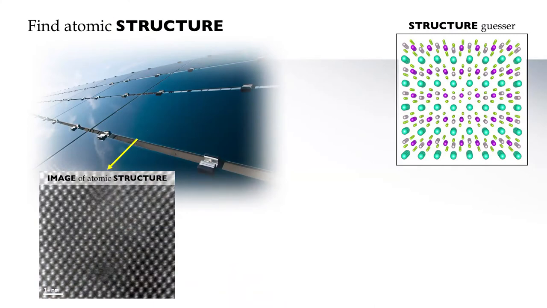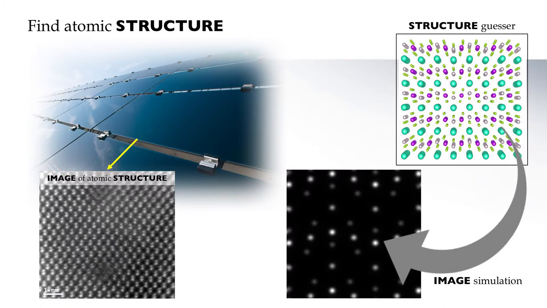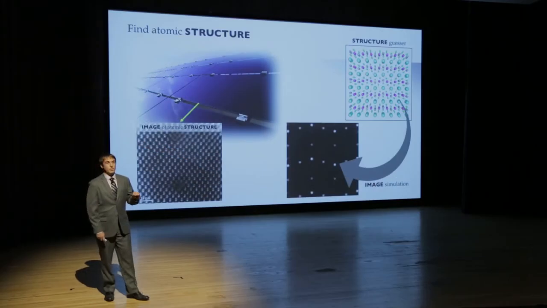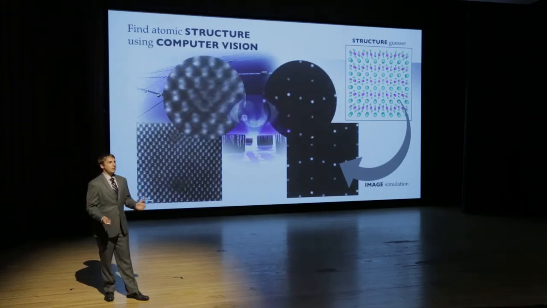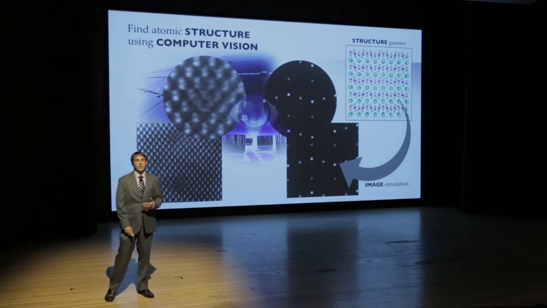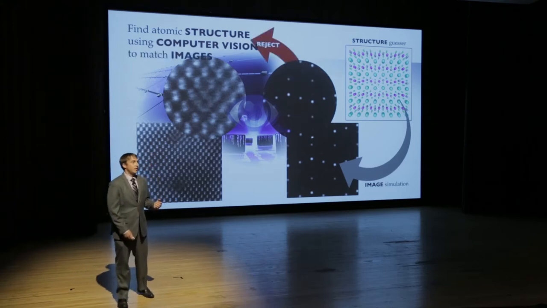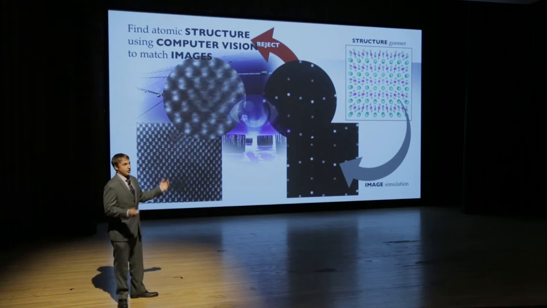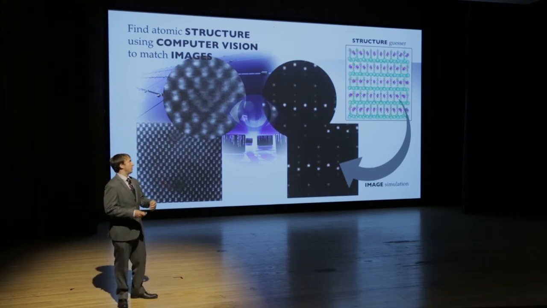Now, from the guess of the structure, we simulate an image. And here we are, we're coming to the point where the computer vision comes into play, because the computer has to tell, are these images similar or not? And as you can see, there's not a lot of similarities between the two. So in this case, what the computer would do is it would reject that match. Now, it rejects the match, so it has to start over and try something else.